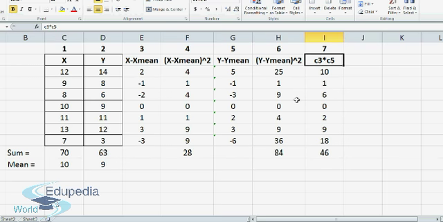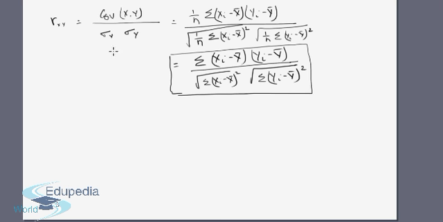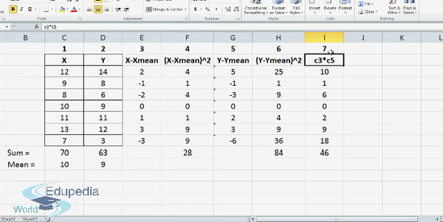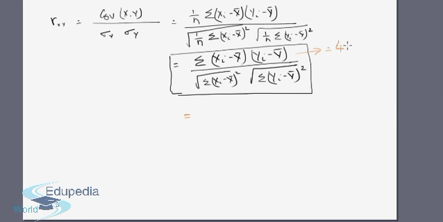Okay, so let me do that. In our case, the value of summation xi minus x bar times yi minus y bar is equal to 46.